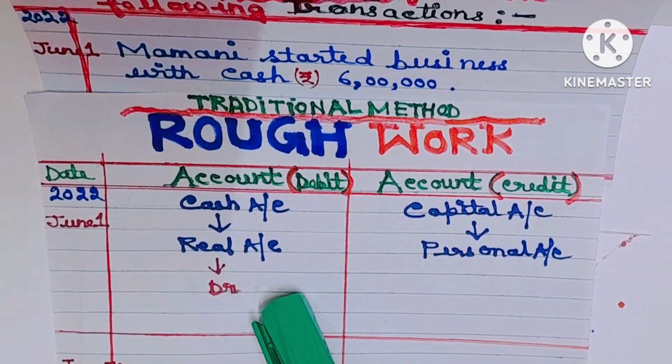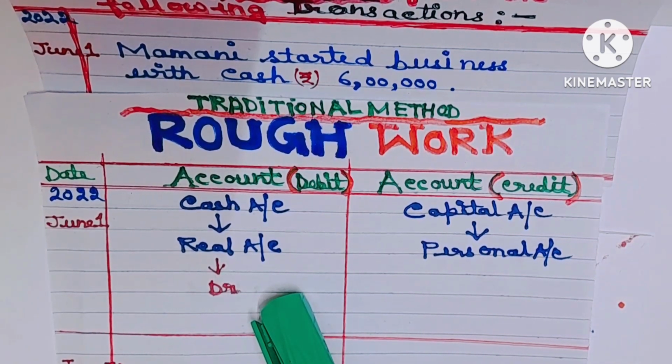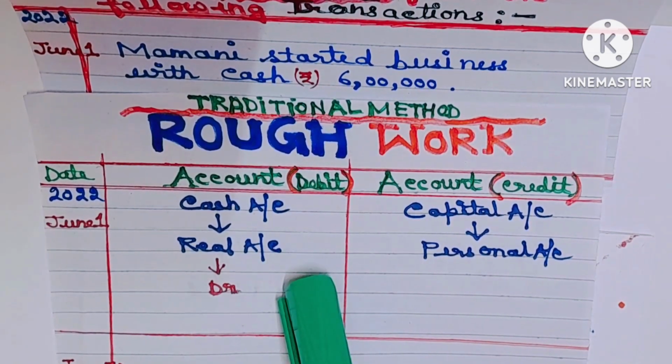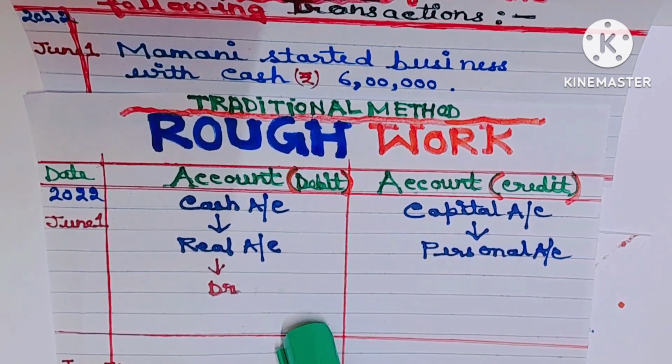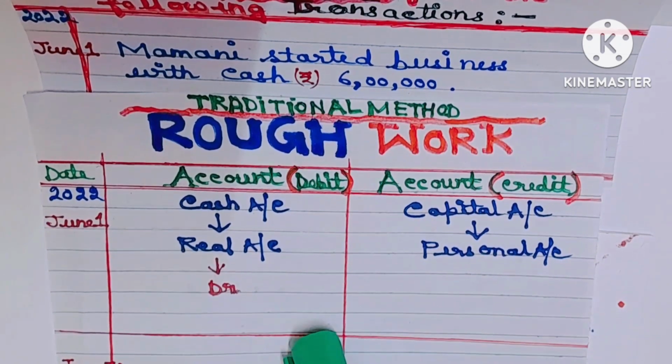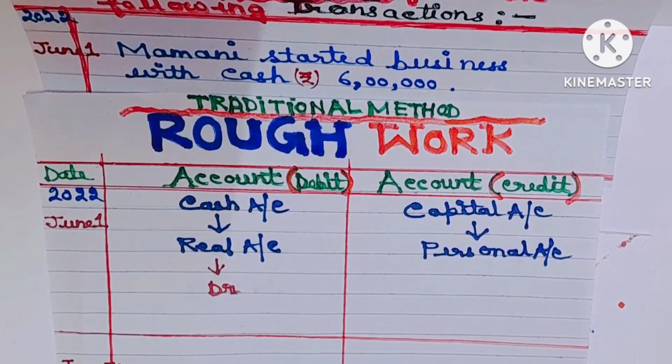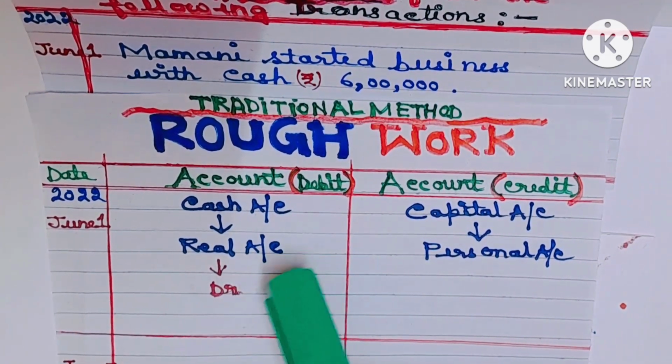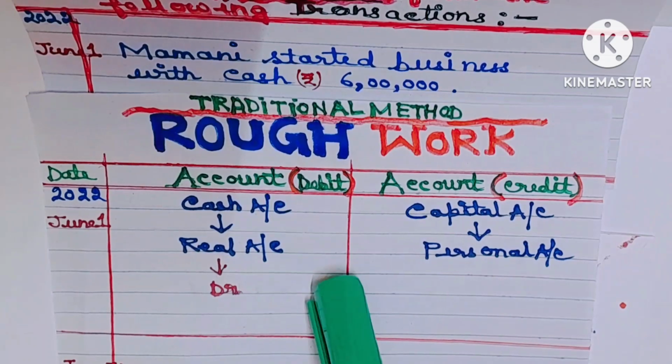Please remember, all the transactions which are recorded in the books of business are from the point of view of the business and not from the point of view of the proprietor or the business owner, or in this case Mamuni. Okay. So if you see cash from the point of view of the business owner, cash goes out from the business, which would be absolutely wrong. So you always got to see from the point of view of the business.